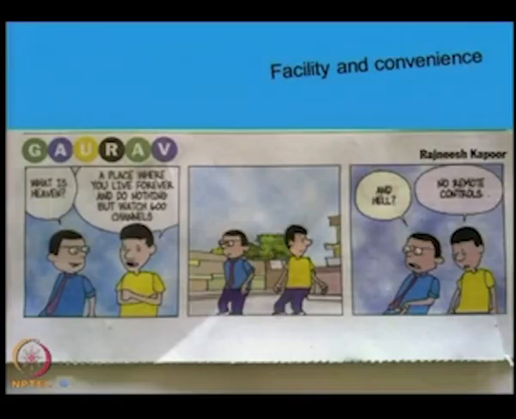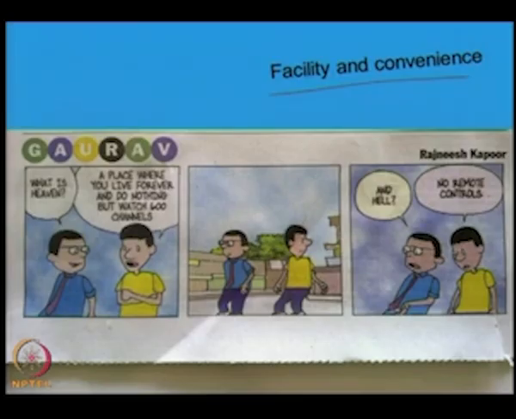Now, this figure speaks about facilities and conveniences. This is a cartoon published in a paper. Two persons are talking: what is heaven? This person says, a place where you live forever and do nothing but watch 600 channels.